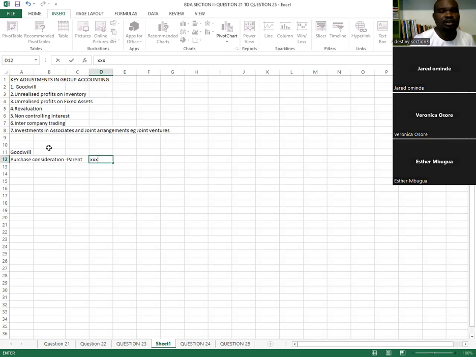In case the minority, not a must though, is stated at fair value, which I saw in that question, you add the fair value of the non-controlling interest to what the parent has paid.